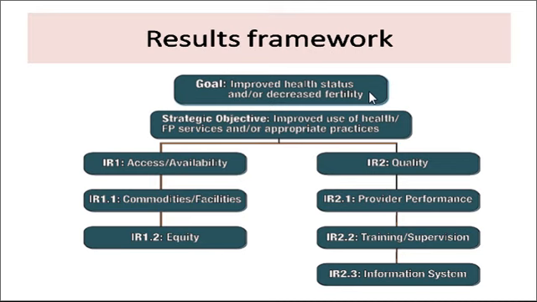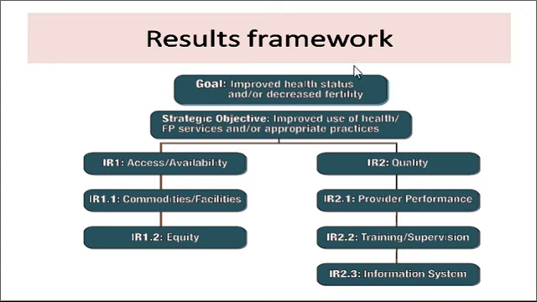If it is something which talks about the implementation of certain family planning programs, the overall goal of a particular project is improved health status and or decreased fertility. So what can be the strategic objective for that? Improved use of health or family planning services and appropriate practices.